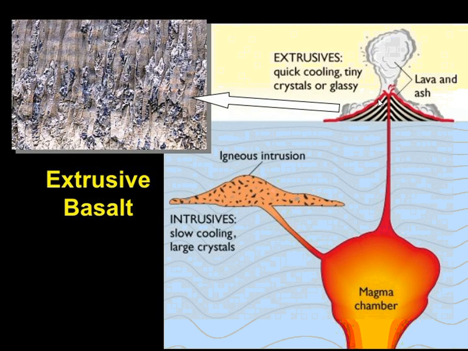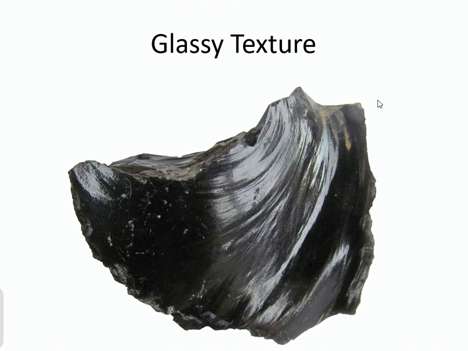There's a reduction in temperature. There's a reduction in pressure that allows the lava to cool very quickly. This rapid cooling does not allow development of crystals, or at least the crystals can't grow very large. Sometimes the lava cools on contact with the atmosphere, in which no crystals develop at all.